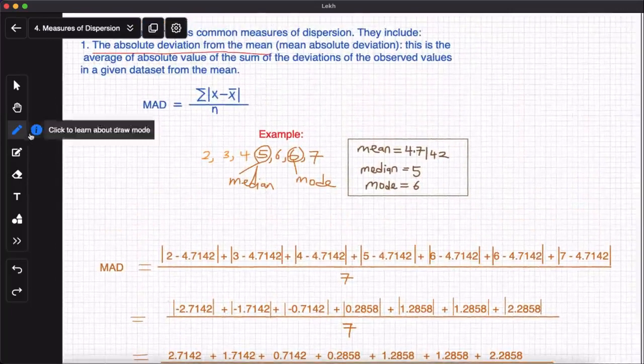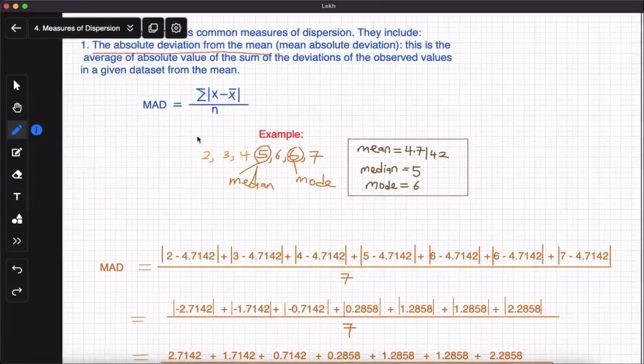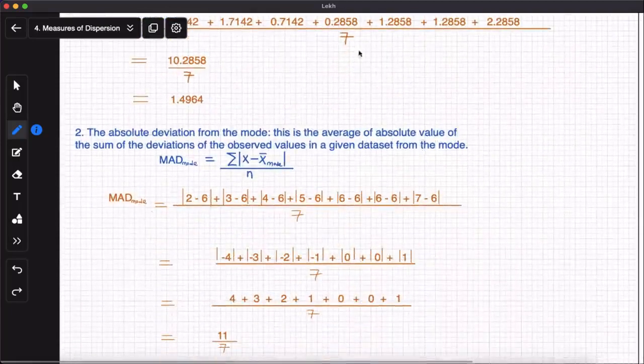Nonetheless, what about a situation where we did not have the original data, or maybe we even have the original data, but we can't use the mean for one reason or the other. It's also possible to use the median and the mode. So if you would like to use the median and the mode, you can do that.